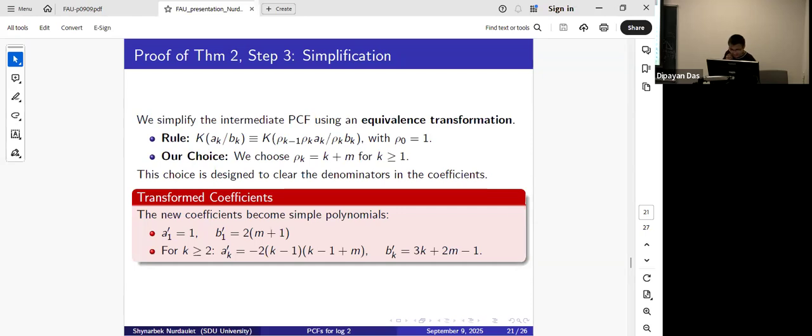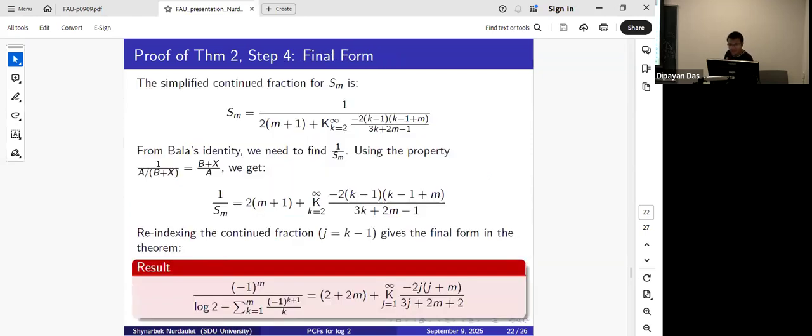Thanks. Yeah, nice. So how was it done? Again, we have our Sm converted into continuous fractions using some equivalence transformation and some algebraic manipulations. We take j equal to k minus 1. It simplifies so that our theorem holds by this formula.